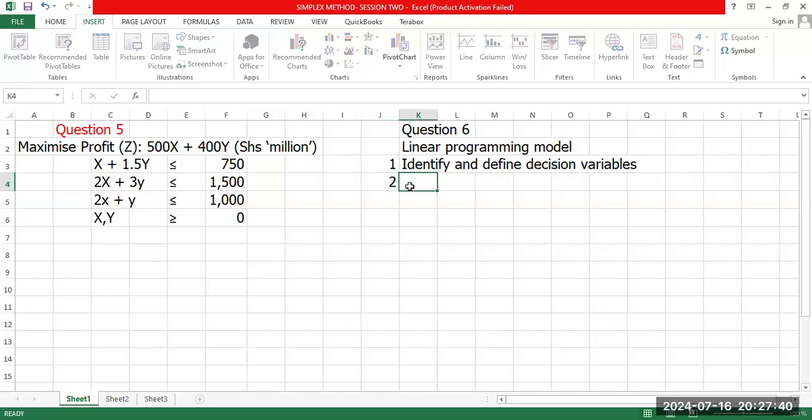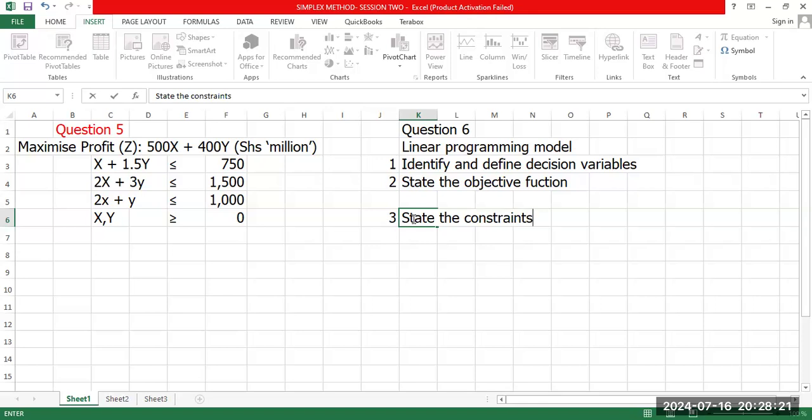The second step should be to state the objective function. Remember, the objective function, we said that it can either be to maximize profit or to minimize costs. If at this point you cannot identify your objective function, you skip this step. You go to the next. The next one is to state the constraints.